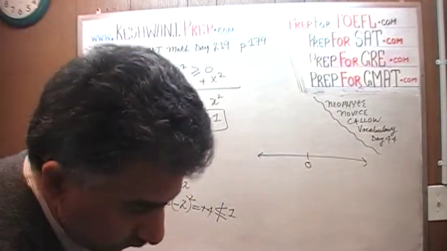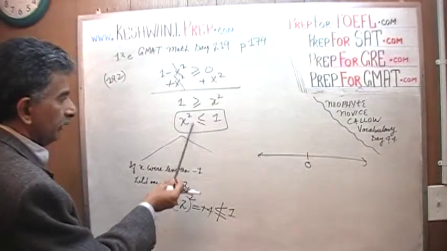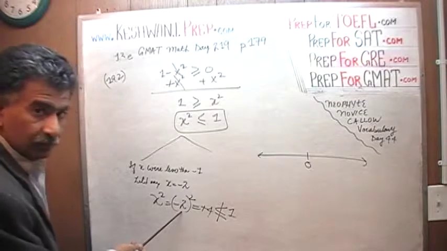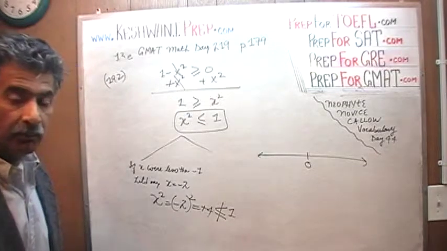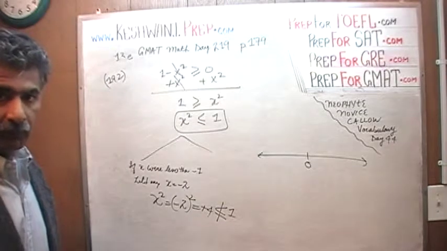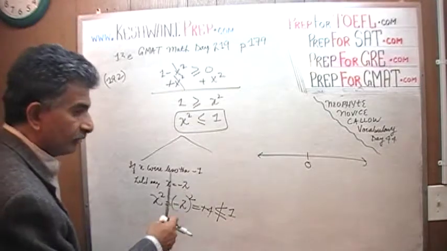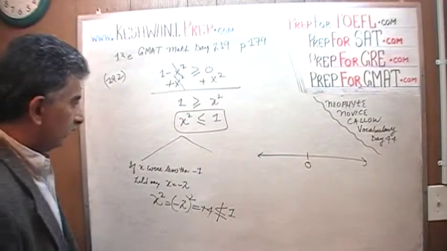We are told that when we square the quantity, it is less than or equal to 1. The square of negative 2 will become positive 4. That tells us that anything that we're looking for has to be to the right of negative 1.